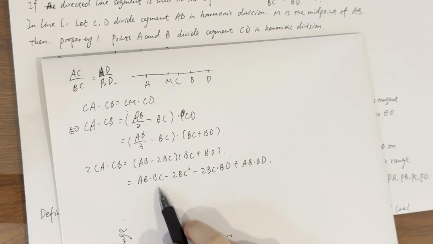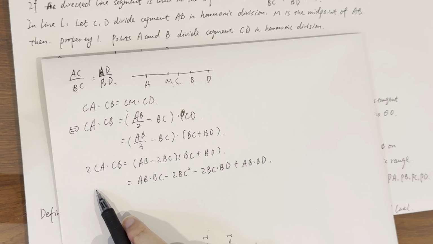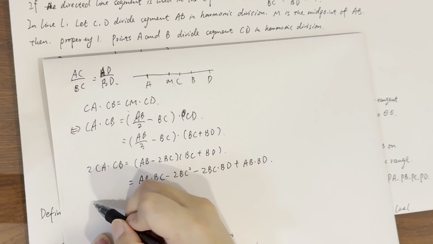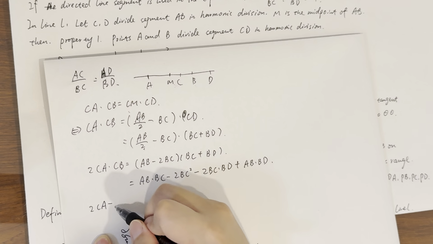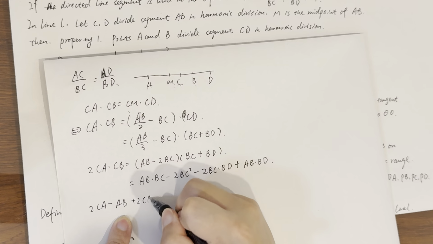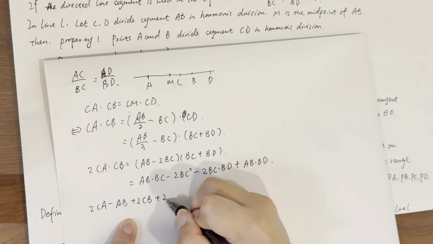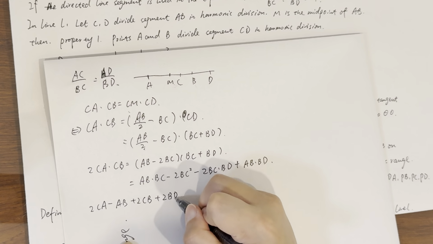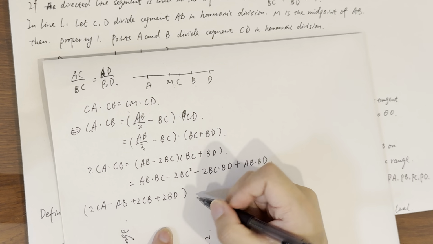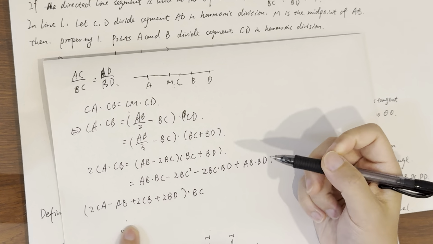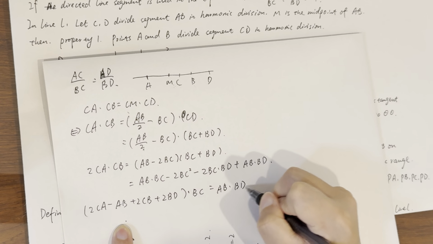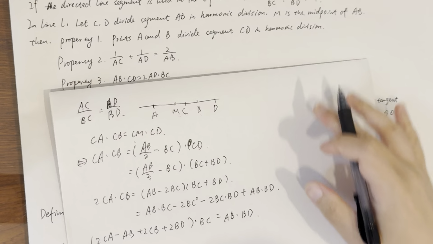So we put all the BC terms to the left side, which we get (2CA minus AB plus 2CB plus 2BD) times BC equals 2 AB times BD. That's basically what we want, right?